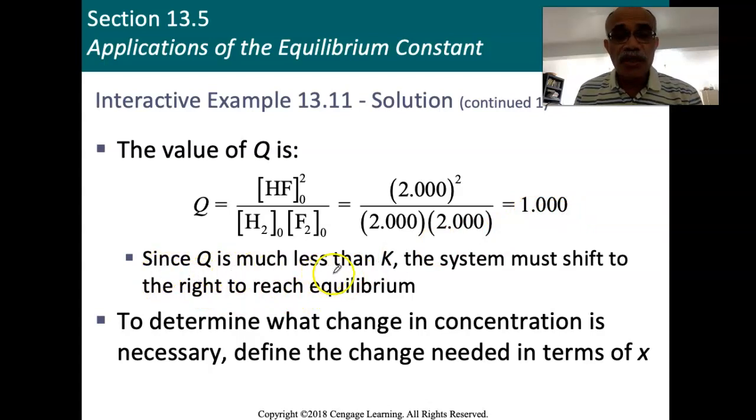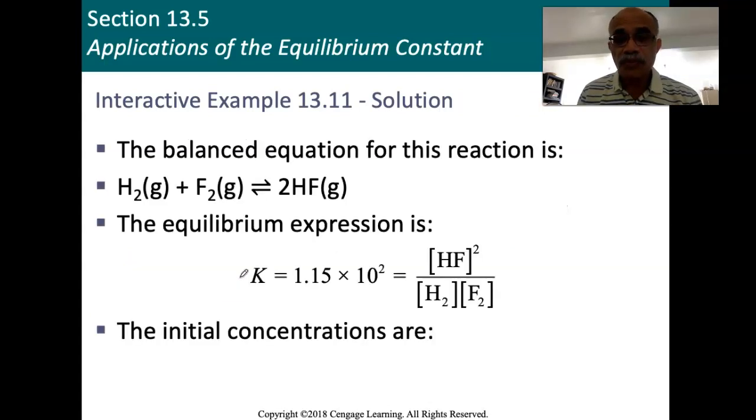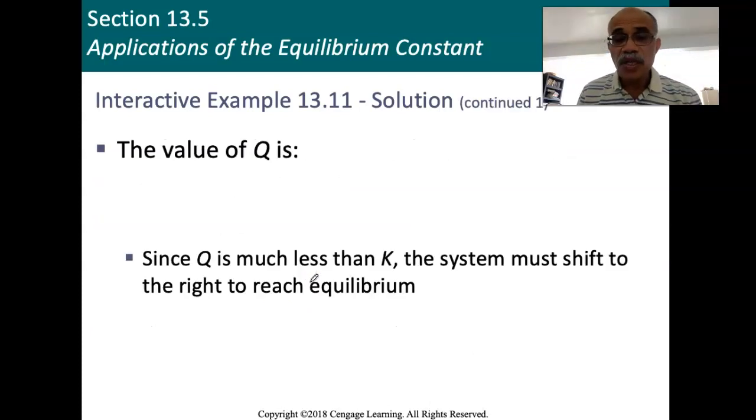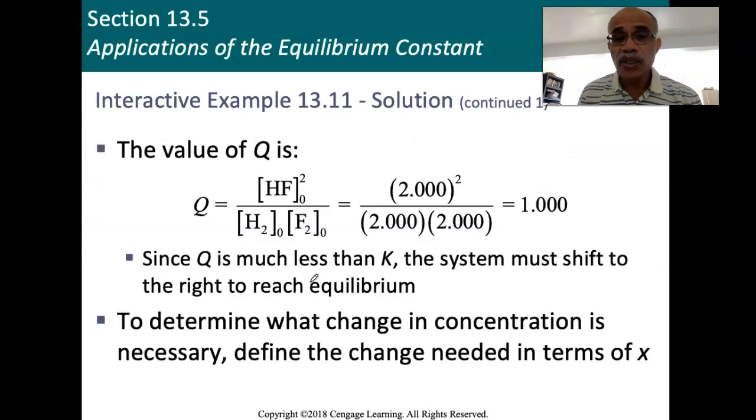Since Q is much less than K, so you compare Q to K. K is this value here. This is K, 115, yes, 115, compared to this value here is only 1.